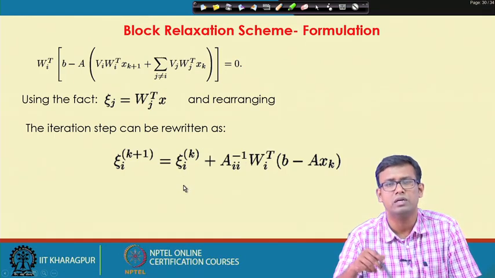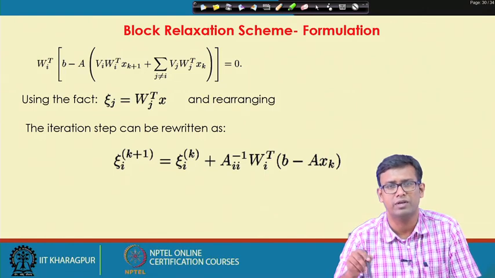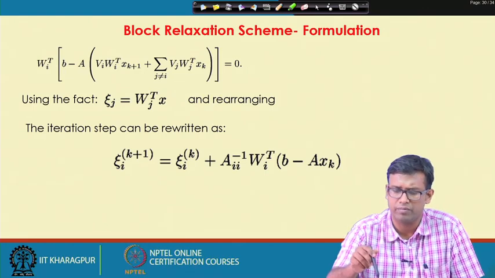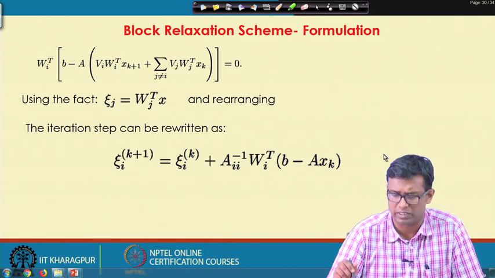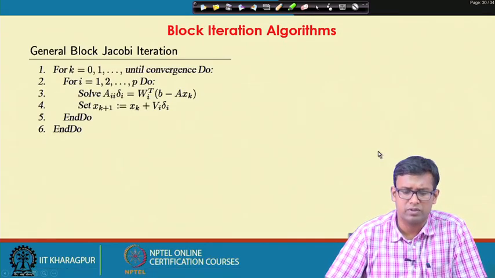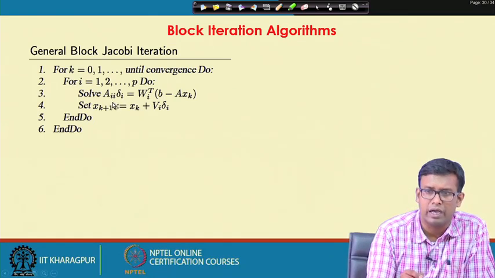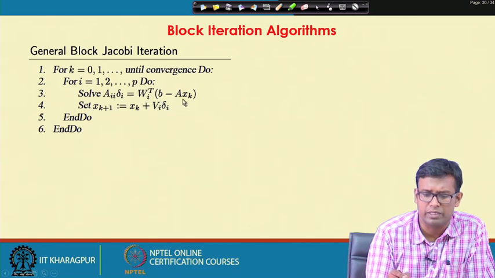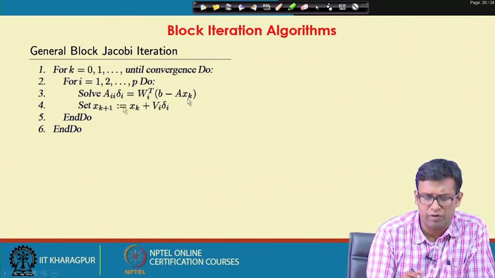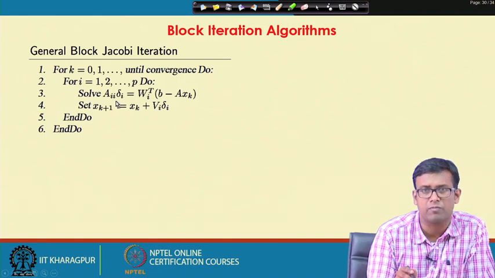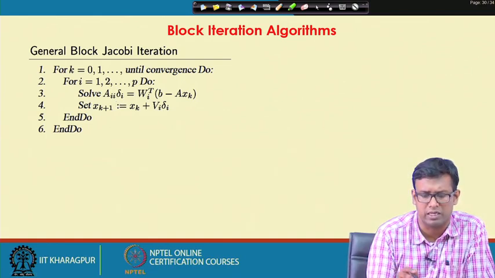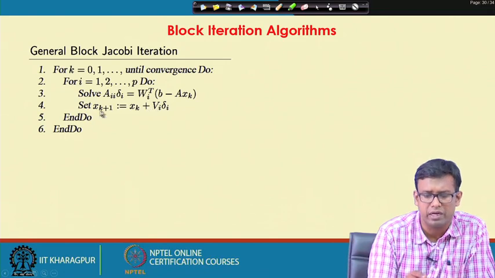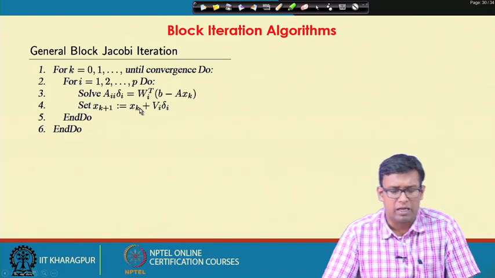And now using the constructed W and V, I can get a general algorithm for the Jacobi block relaxation scheme: for k equal to 0 up to convergence, for each block, write A_ii delta_i is equal to W_i transpose (B minus A x^k). Solve for delta_i and then update x^(k+1) as x^k plus V_i delta_i, because delta_i is xi^(k+1) minus xi^k. So you multiply V_i with that and update x^(k+1).